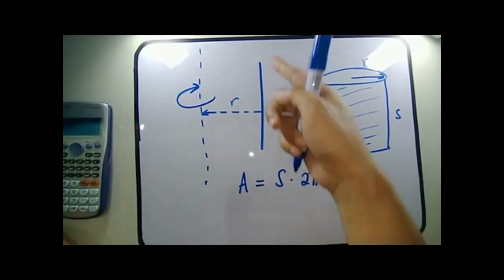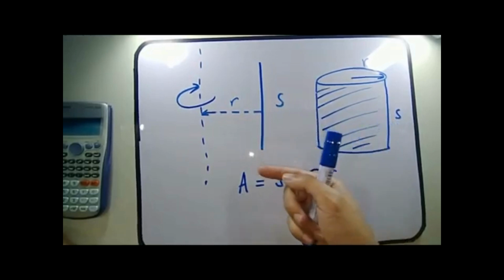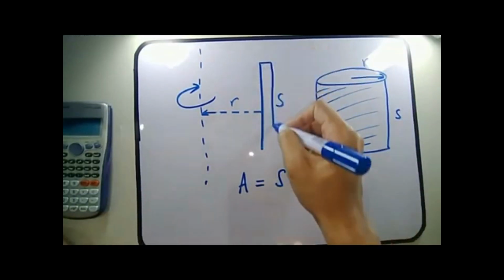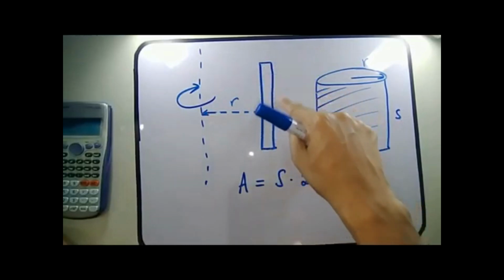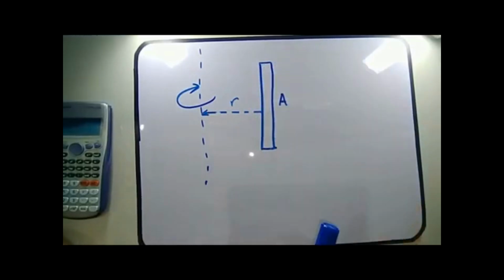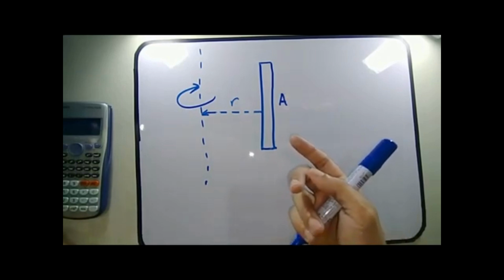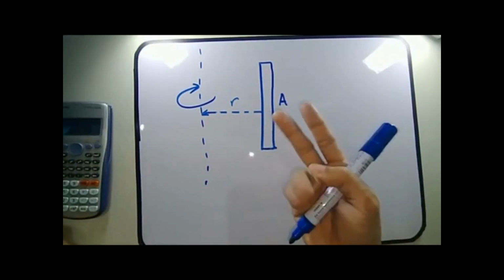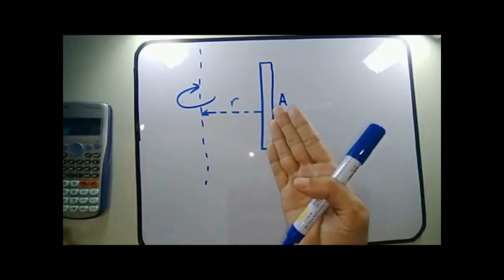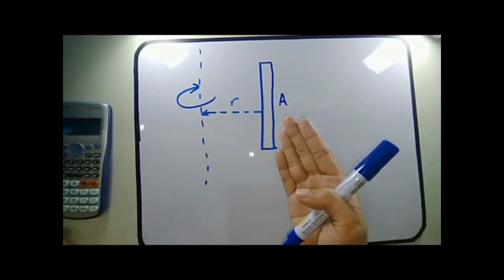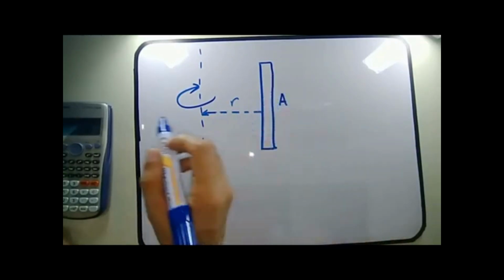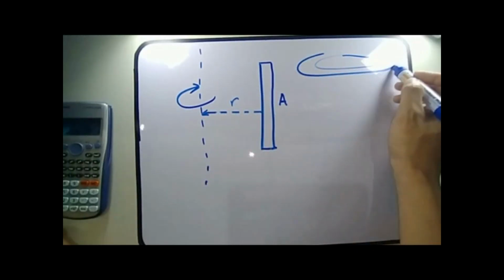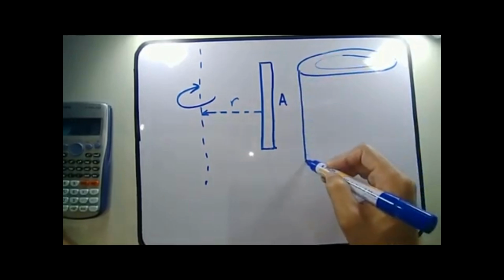So what is the second proposition? Here, guys, instead of an arc length, we will use an area. Let's say we have a rectangular strip, vertical. This is the area. We rotate this area about an axis. According to the second proposition of Pappus, if you rotate an area about an axis, you can form a volume. For example, when we rotate this, we form a hollow cylindrical shape.